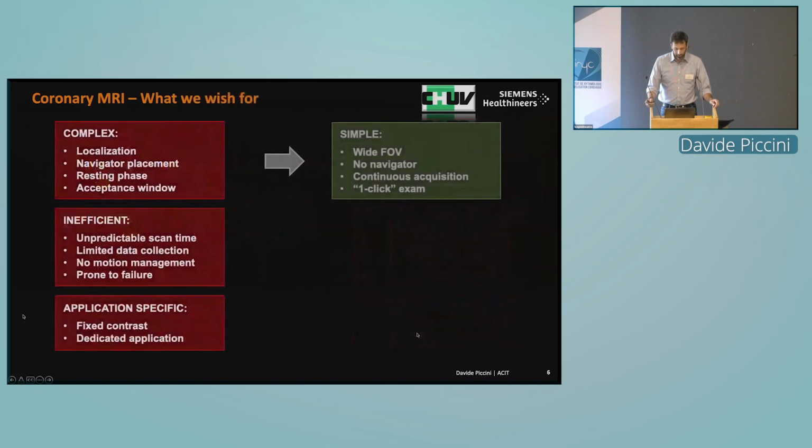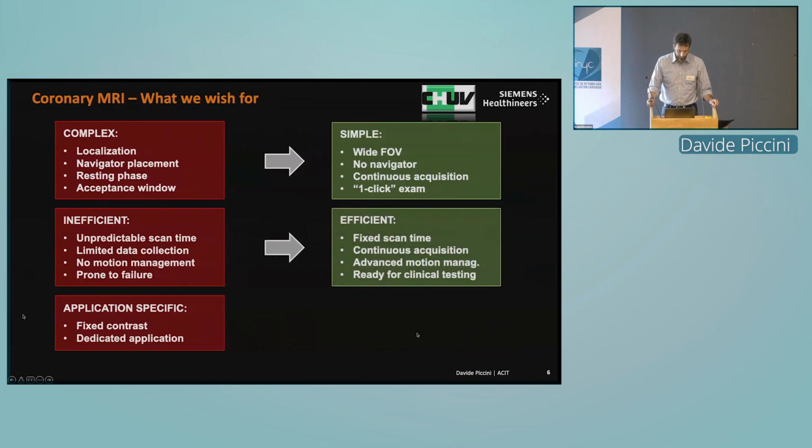And what you would want instead is a wider field of view. So if you accept more data, then you care less about how big your field of view is. So you try to acquire a bigger field of view, no navigators to place, a continuous acquisition, so no ECG to take care of, and then an exam that could start with a simple click with a fixed scan time, so not depending on the respiratory pattern.